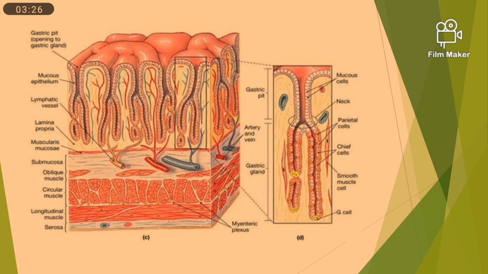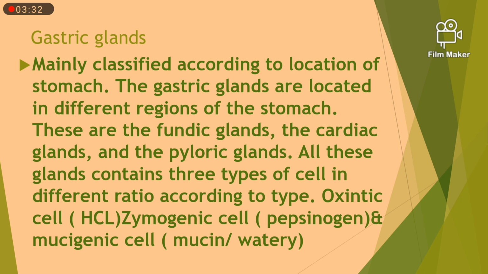Here you can see gastric pits, and there are different cells. They are mainly classified according to region: fundic glands, cardiac glands, and pyloric glands. All of them contain zymogenic cells, oxyntic cells, and mucigenic cells, but in different ratios.